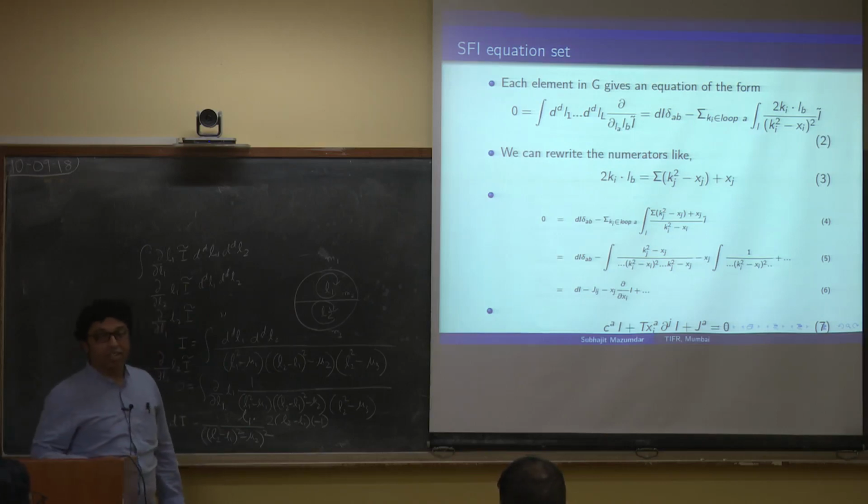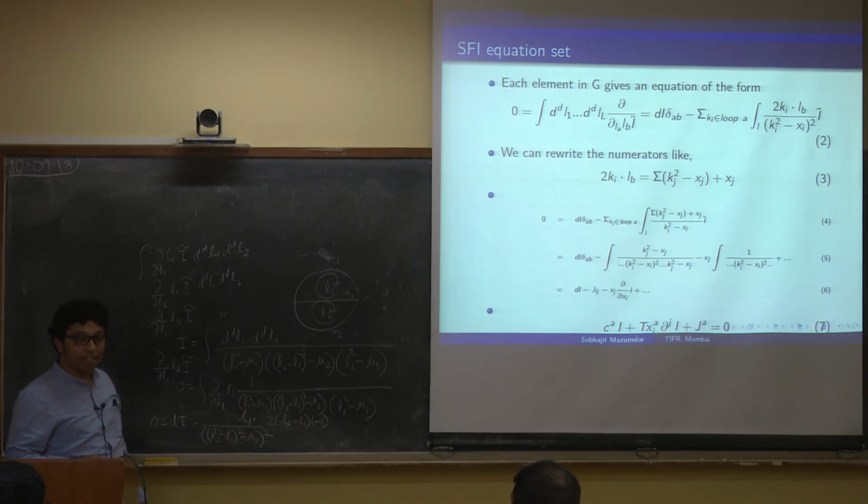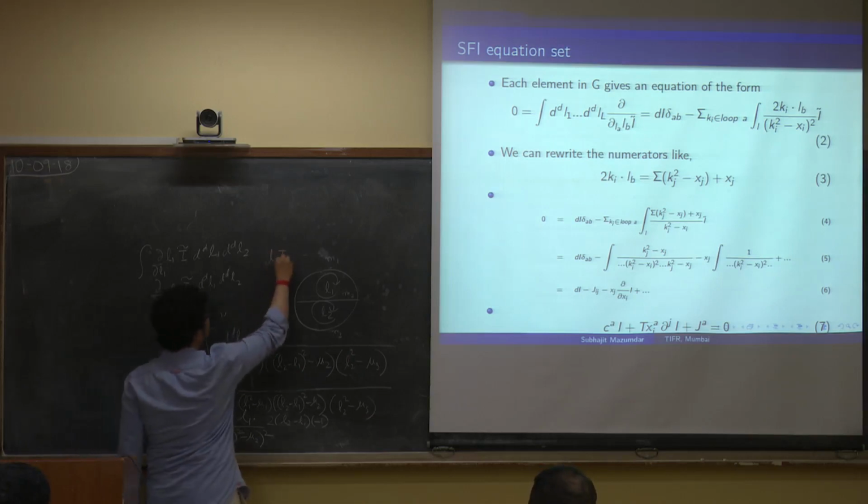So what would be the equation for this sunset diagram? The equation is long, I have to do all the calculations. Roughly, what does it involve? It will involve derivatives with respect to mu1, mu2, mu3, and sometimes it will multiply D with the integral.